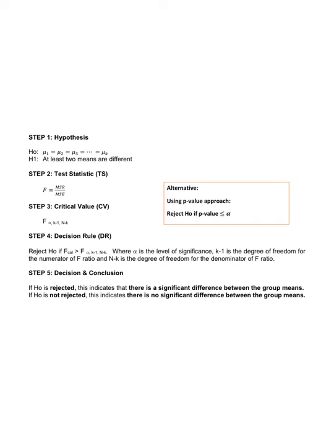Maksudnya dia sama semuanya. Okay, so alternatively, you also can use a p-value approach if you are given the p-value. Okay, yang ni lagi simple, lagi mudah lah sebenarnya. So if you are using p-value approach, the only decision rule is reject H0 if p-value less than alpha.